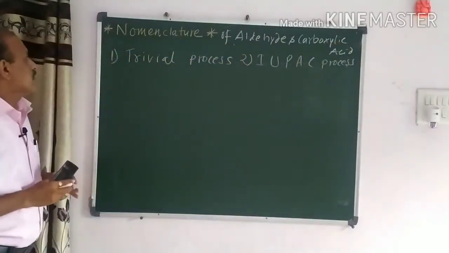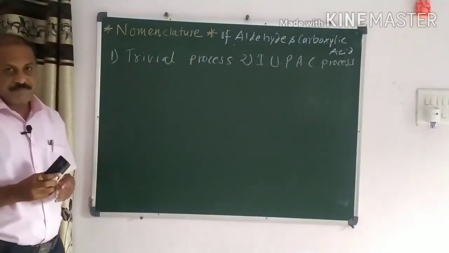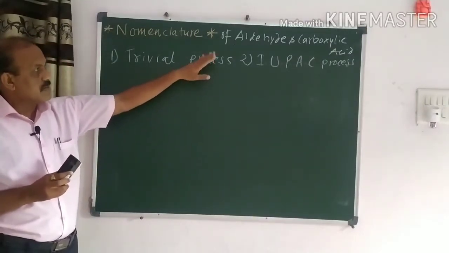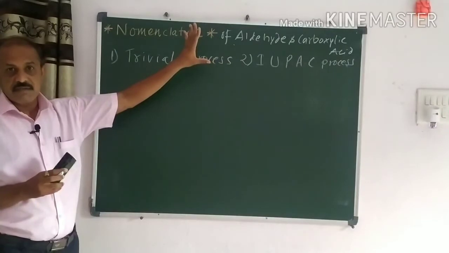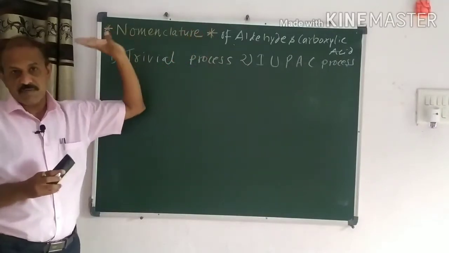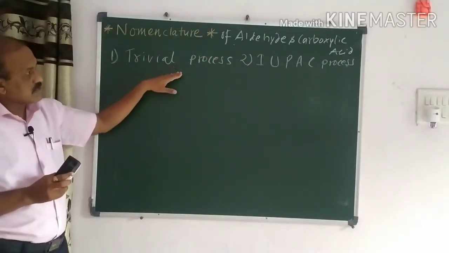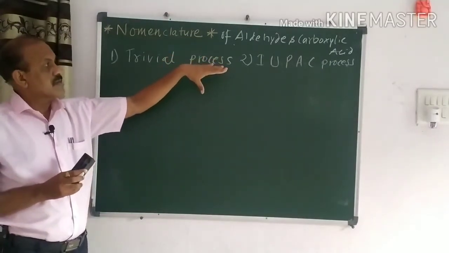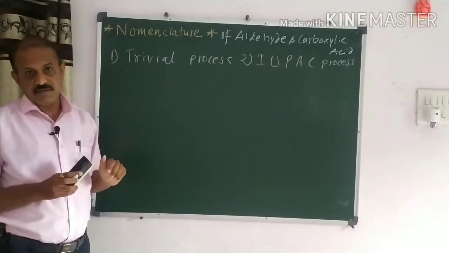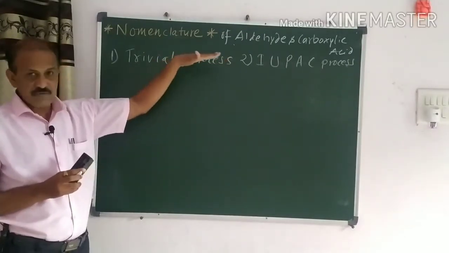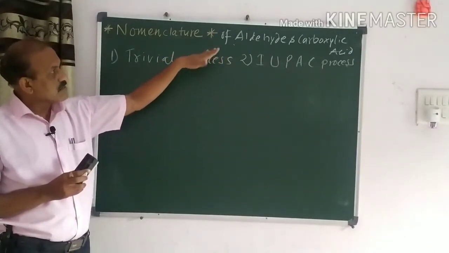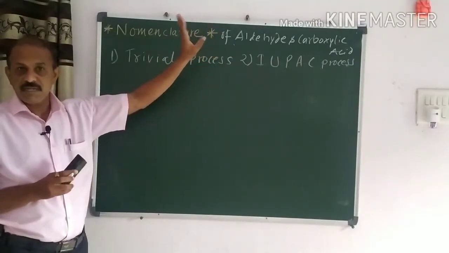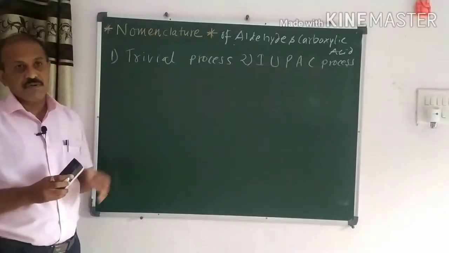While giving the name by the trivial process or common process, the same method applies to aldehyde and carboxylic acid, because the trivial names of aldehydes are derived from carboxylic acids. As they are related to each other, we have to discuss the nomenclature of aldehyde and carboxylic acid first. So it is important.